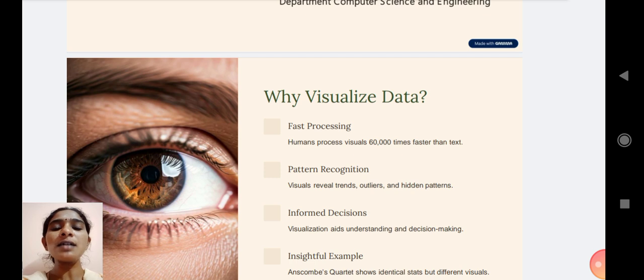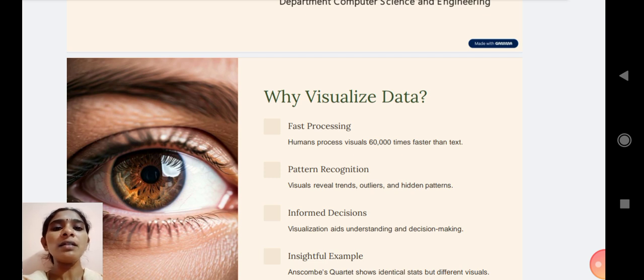Structured data means rows and columns, so a large amount of data can be stored using rows and columns. These data can be visualized using data visualization tools.